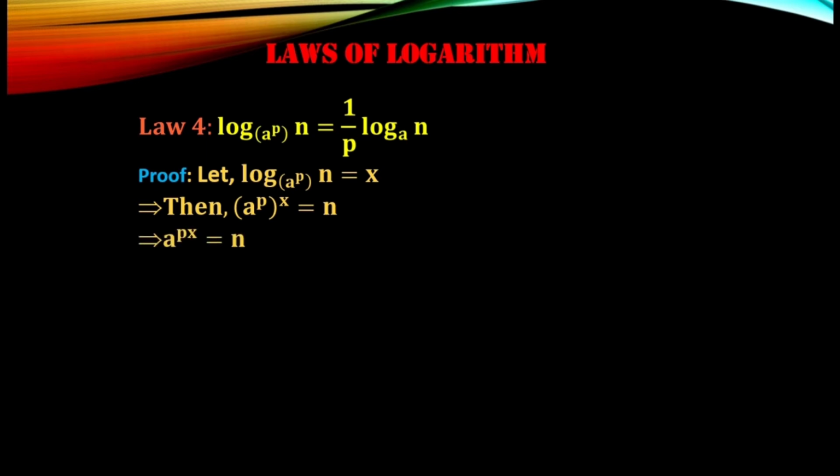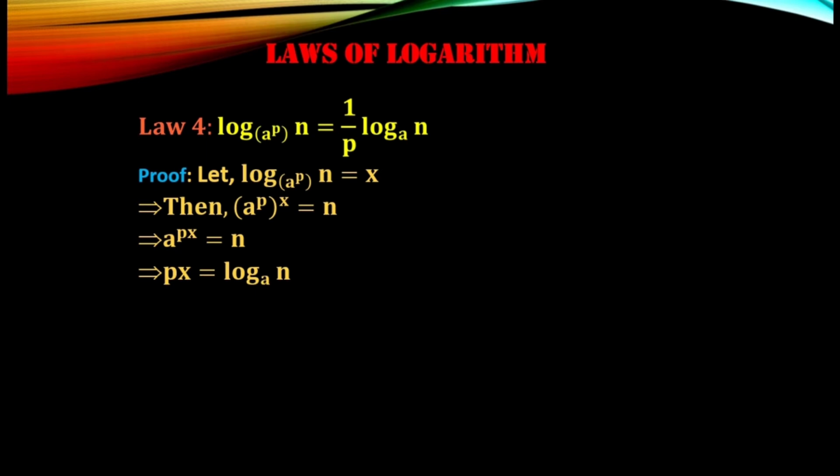Then we know that when there are two indexes separated by a bracket, the indexes get multiplied. So a to the power px equals n. Again, substituting the exponential form into logarithmic form, we get px equals log of n to the base of a. Because if we change this logarithmic language to exponential form, we get the same equation one step back, which is a to the power px equals n.